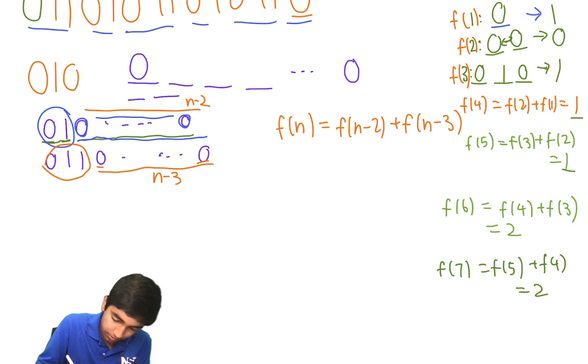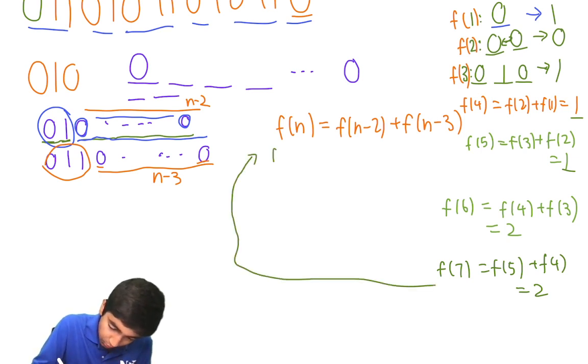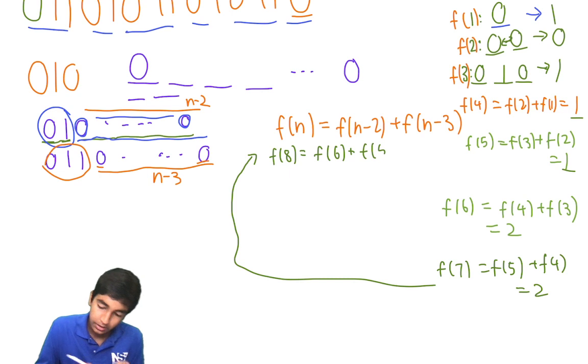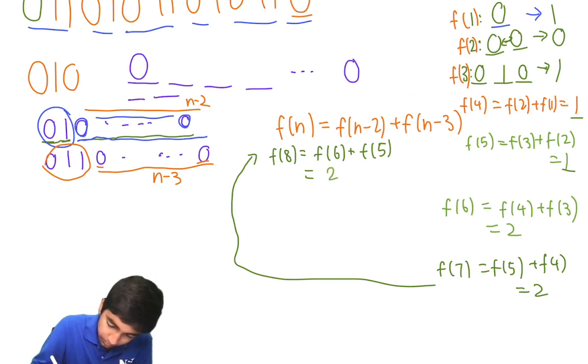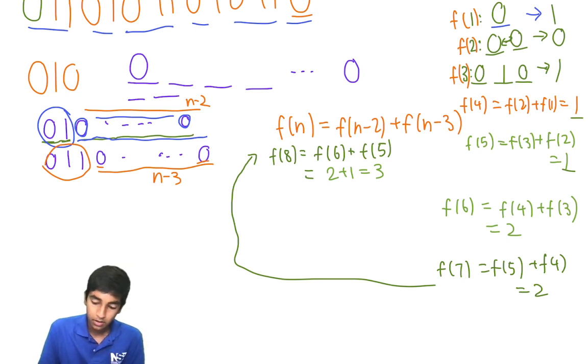Let's go here now. F of 8 equals f of 8 minus 2 plus f of 8 minus 3, equal to 2 plus 1 equals 3. Okay.